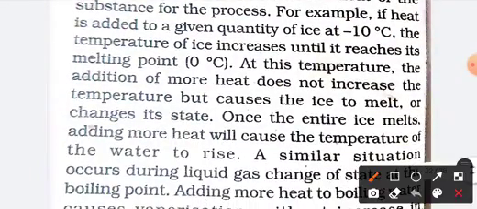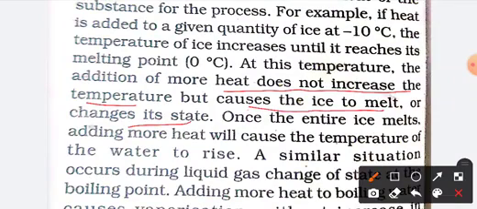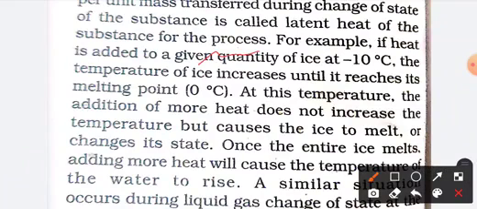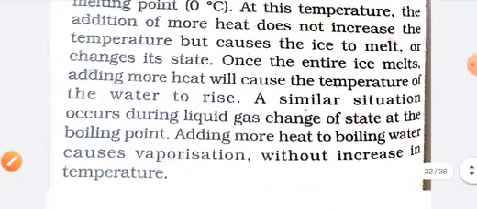So heat doesn't increase the temperature but causes the ice to melt, or change its state. Once the entire ice melts, adding more heat will cause the temperature of the water to rise again.